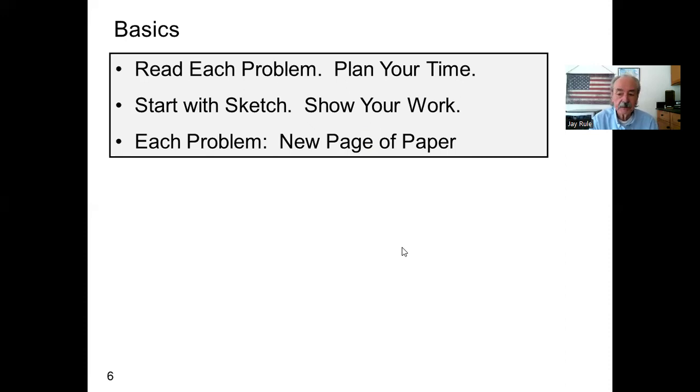That's a courtesy to the person evaluating your performance on the test. I can't tell you how many tests I've reviewed, and it just drives me nuts when a student starts a new problem on the same page as the previous problem work. So I suspect that's true for most folks that grade tests and exams and quizzes.